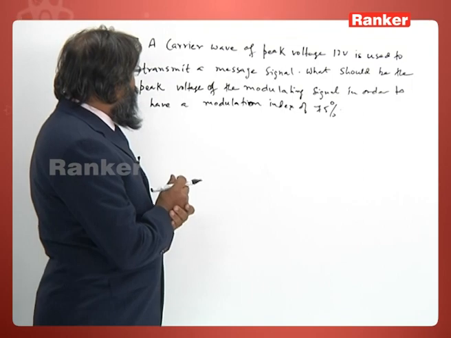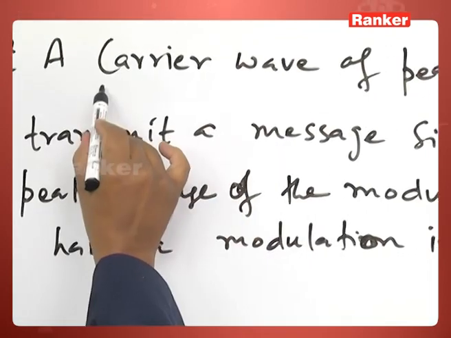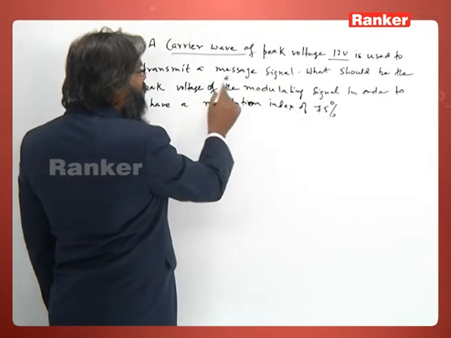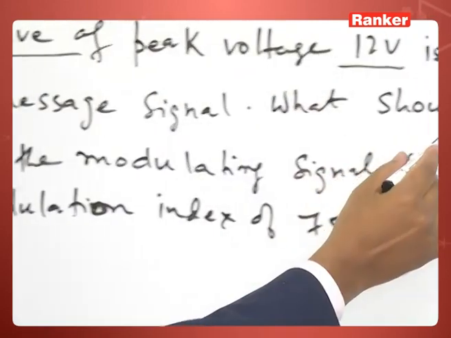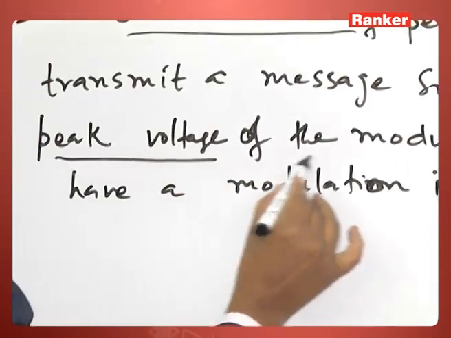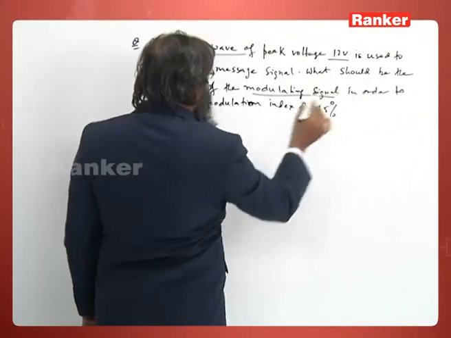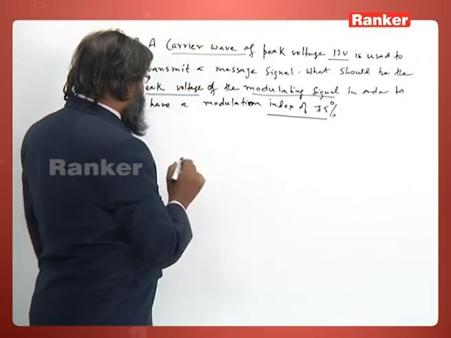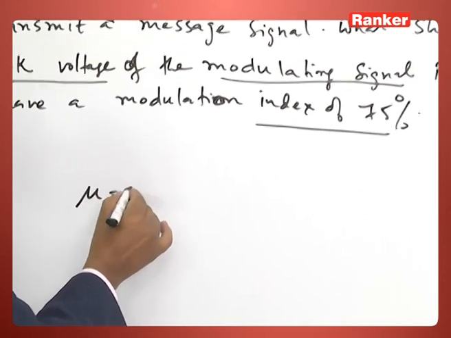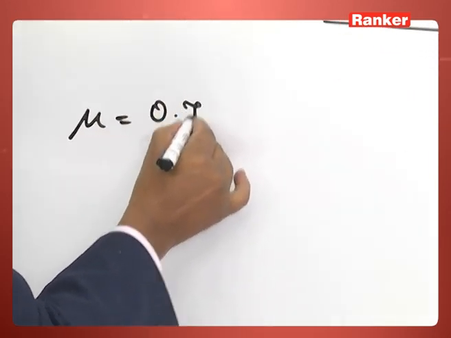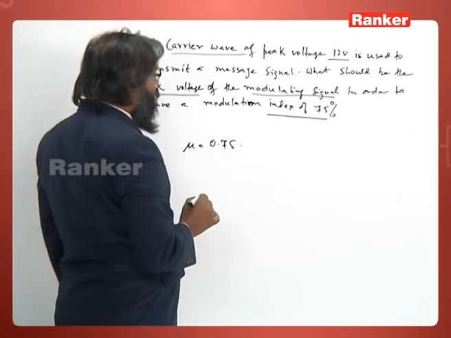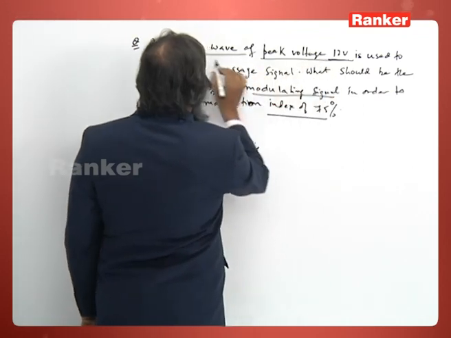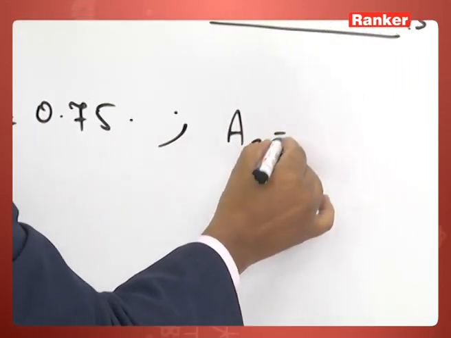So now we have a problem in which a carrier wave of peak voltage 12 volt is used to transmit a message signal. What should be the peak voltage of the modulating signal in order to have a modulation index of 75%? What is given in this problem? Mu is equal to 75%, that means 0.75. We have been further given 12 volt as the peak value of the carrier wave, so AC is 12 volt.